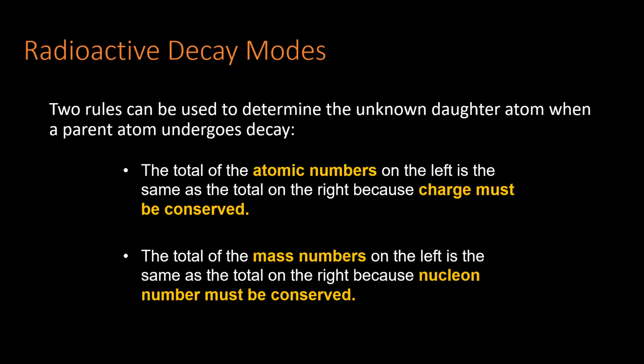And the total of the mass numbers on the left is going to be the same as the total on the right, because all of the nucleons, the nucleus particles, protons and neutrons, that number needs to be conserved. So even though we have decay, we're showing that matter and energy are conserved.